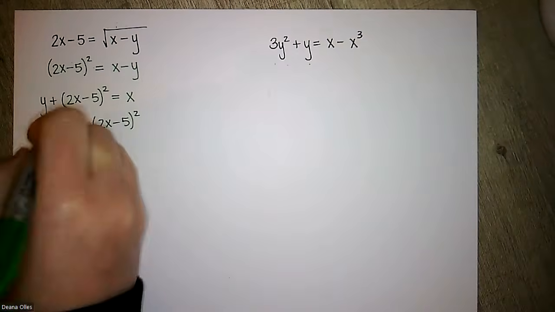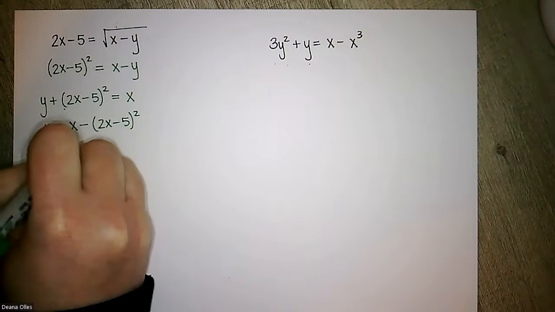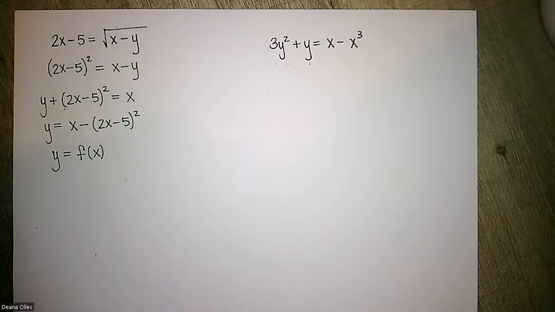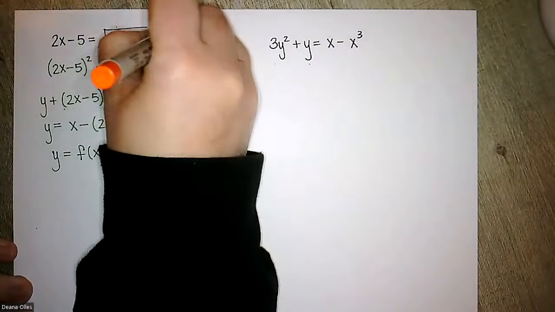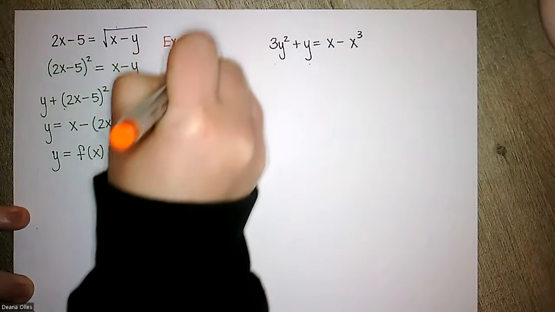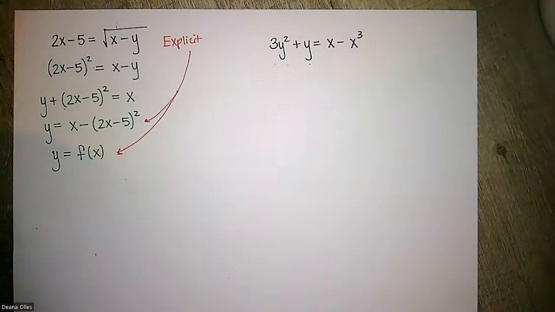Okay. But yeah, so here, any x value I plug in is going to give me one and only one y value. So this can be written explicitly. It's in implicit form to begin with, but we can write it explicitly.